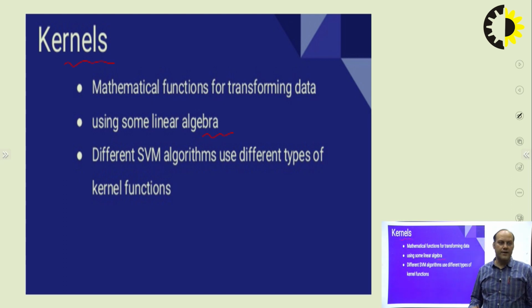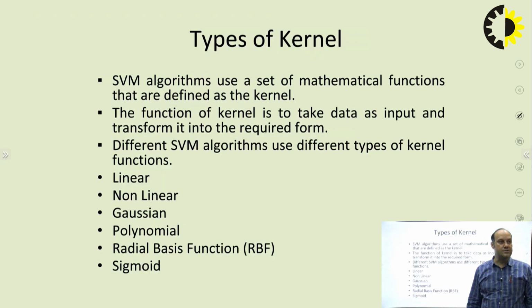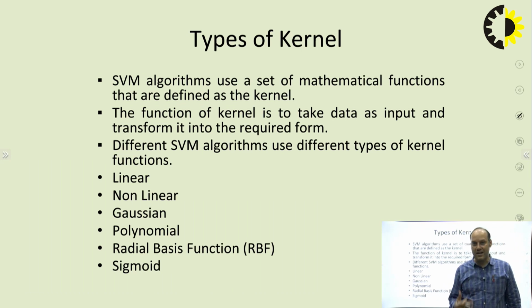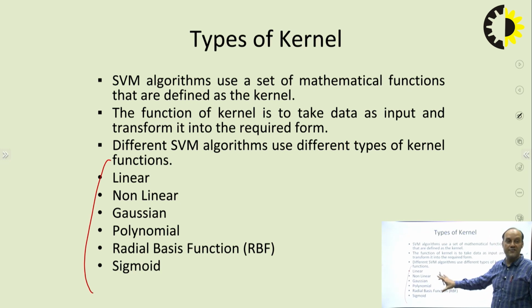Okay. So different support vector machine algorithms use these kernel functions, right? So these are the different types of kernel function. For example, linear kernel function, non-linear kernel function, Gaussian kernel function, polynomial kernel function, radial basis function, sigmoid functions. So different SVM algorithms use these different functions.